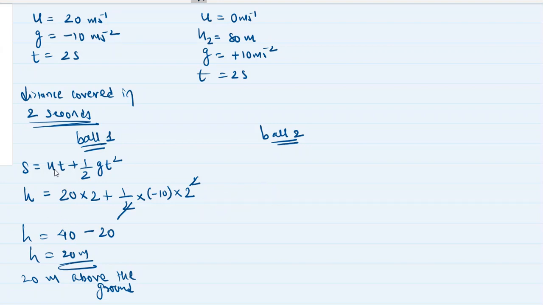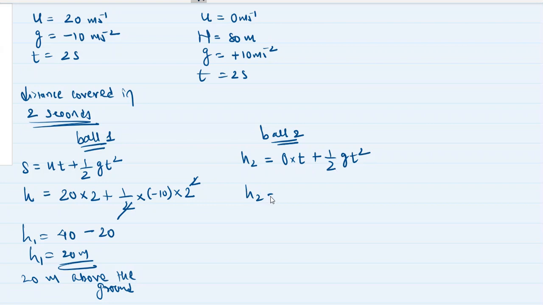There are a lot of h over here and there. Like here you see h, I will name it as h1. I will name this as capital H. And here I'm going to find h2. So h2 is equal to ut, that is 0 multiplied by t, plus half gt square.